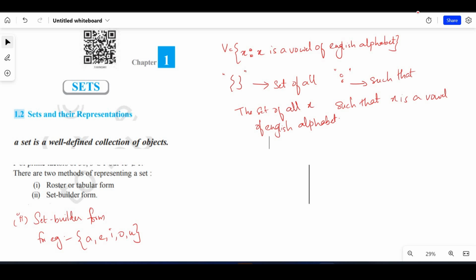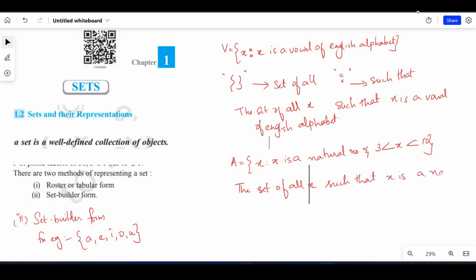Another example, say the set A. We can write this as the set of all x such that x is a natural number and the value of x lies between 3 and 10.